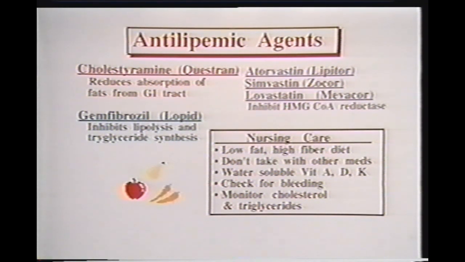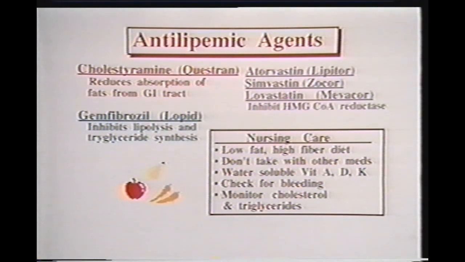Essentially what cholestyramine does is it binds the bile acids in the intestine and it causes increased fecal excretion, which causes increased production of the bile acids from cholesterol. In other words, it tends to prevent the absorption of the fats, and it also tends to lower LDL cholesterol.